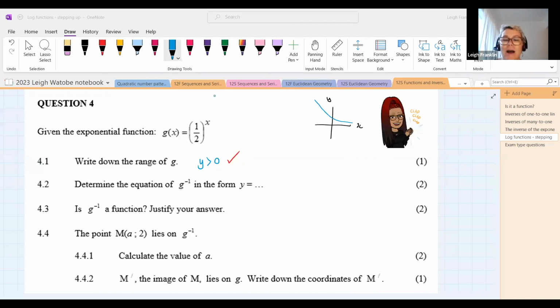Okay, so firstly, you're going to write y is equal to the original function that they gave us, so y is equal to a half to the x. Cool. And then you're going to swap x and y, so it's going to be x is equal to a half to the y. Nice.